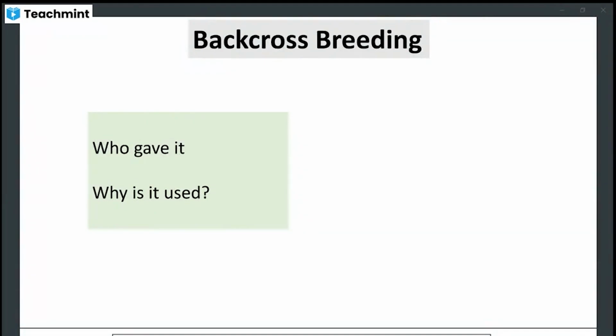Who is the scientist that gave it? The backcross breeding procedure was given by Harlan and Pope. It was once asked in your JRF examination, so please remember it was given by scientists named Harlan and Pope.